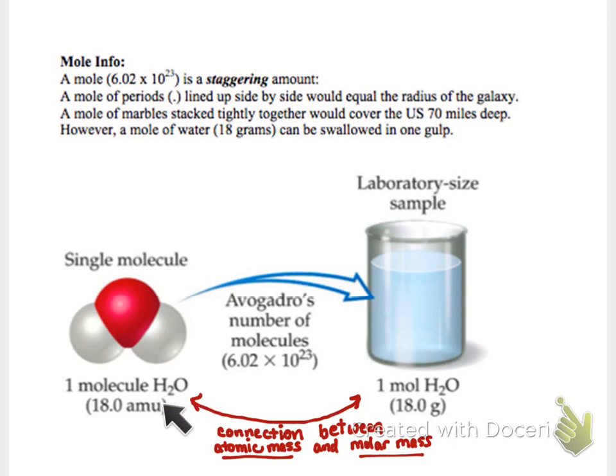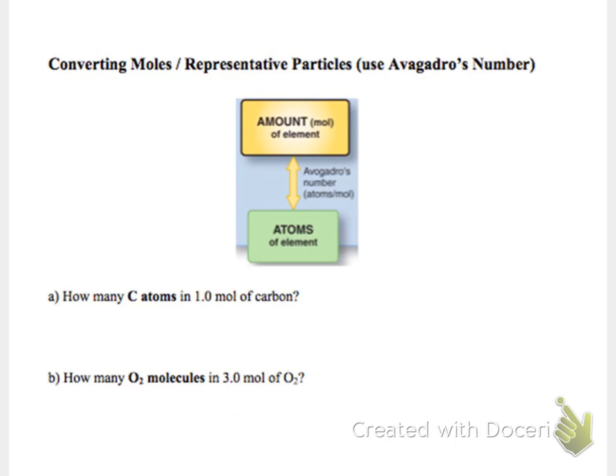So 1 AMU equals 1 gram per mole. Another way to think about that is if we're talking about water, water has an atomic mass of 18, and it has a molar mass of 18 grams per mole. So that is the connection, and that is how we use molar mass.